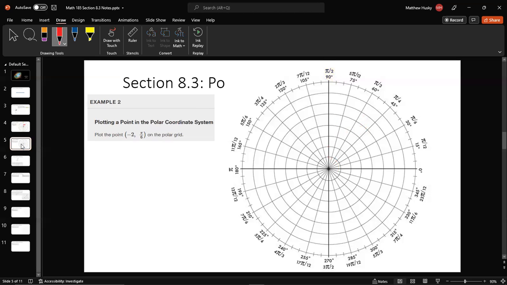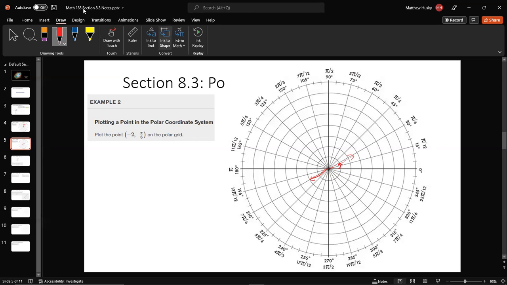Here's another one. They say plot the point negative 2 comma pi over 6 on the polar grid. Now we know what pi over 6 is. That's going to be this angle right there. There's pi over 6. And like typically you'd go off that way. If it's negative, that means what we're actually going to do is we're going to go in the opposite direction, 180 degrees across.